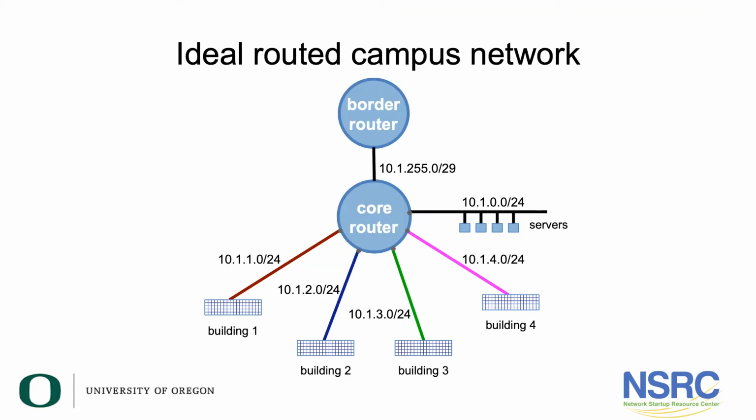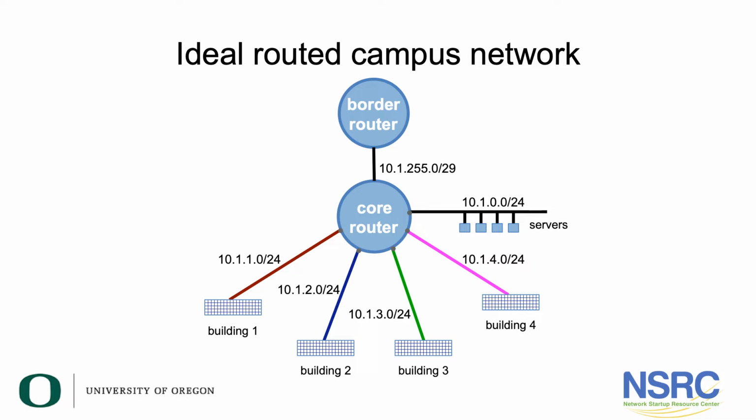This diagram shows the ideal routed campus network. You have your border router at the top, you have your core router, and you have a subnet for the link between them, and then you have a subnet for each building. We have one example, and you have your servers centrally located, connected to your core router.